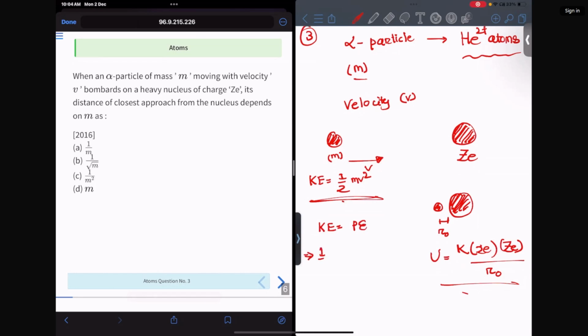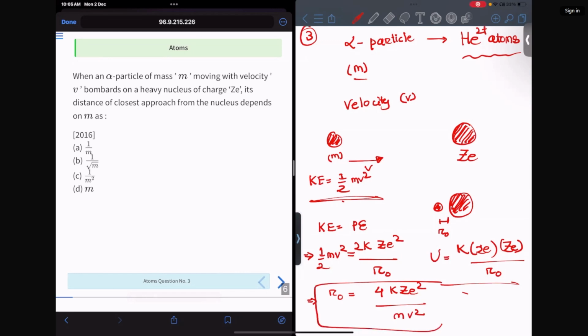Now I will equalize both of them. Half m v square is equal to k into 2 Z e square upon r naught. So the closest approach r naught will be equal to 4 k Z e square upon m v square.